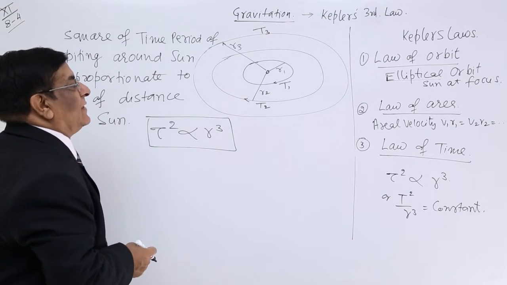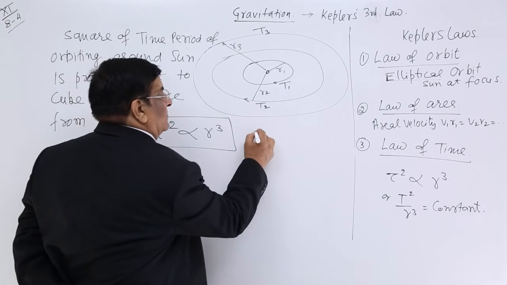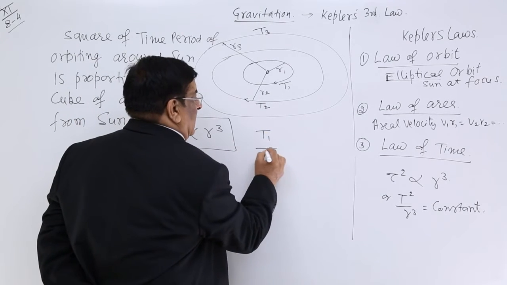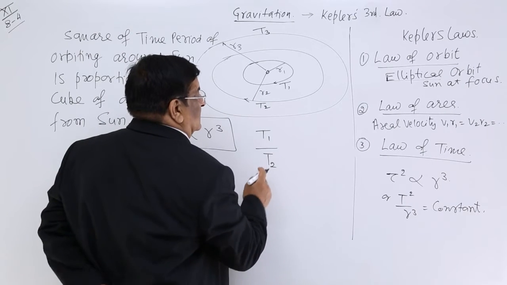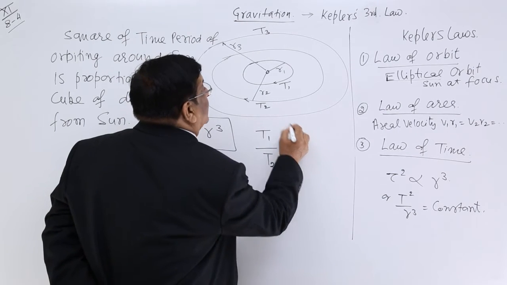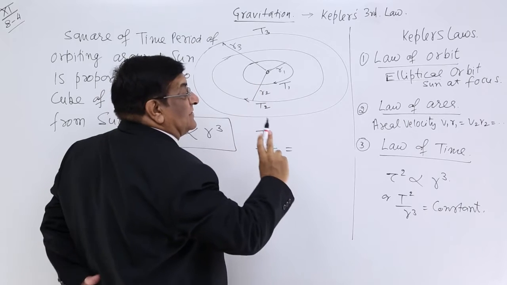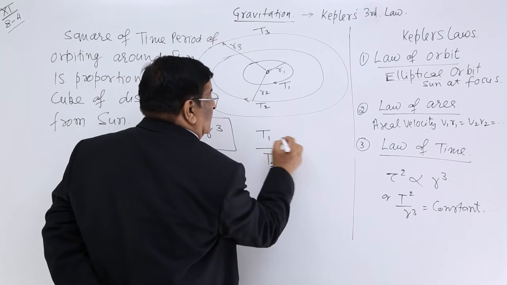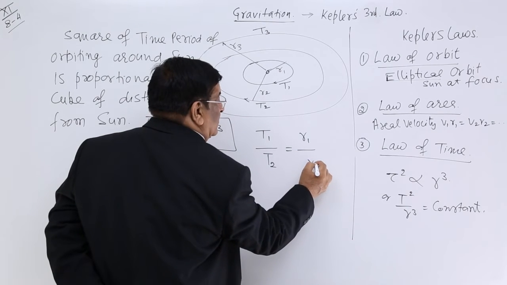If we want to compare the time periods of two planets, one has time t1, the other has time t2, then these time periods will have a relation with the average radius of their orbits. The average radius for this one is r1 and for this one is r2.